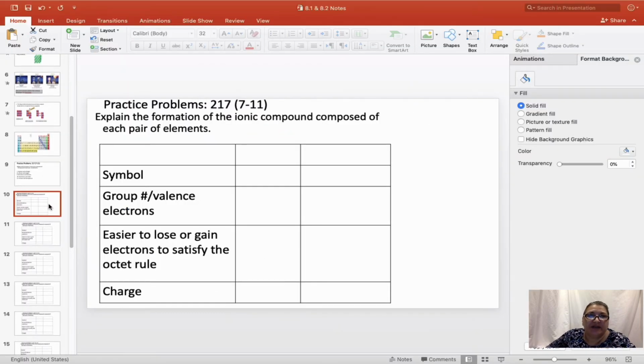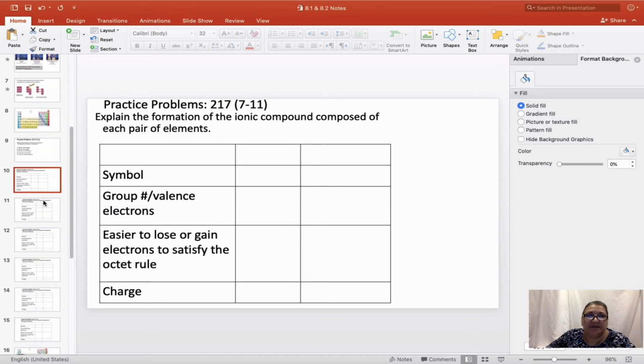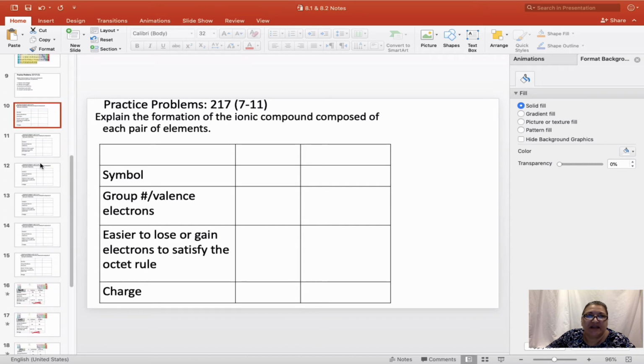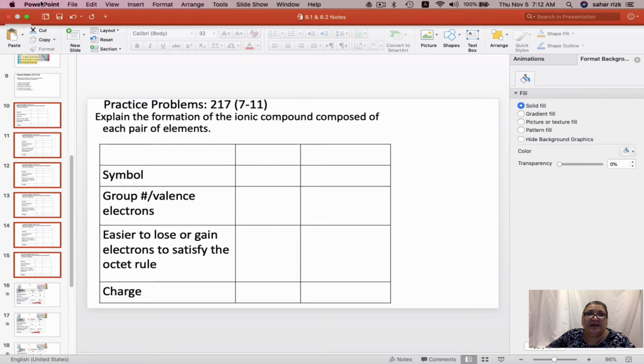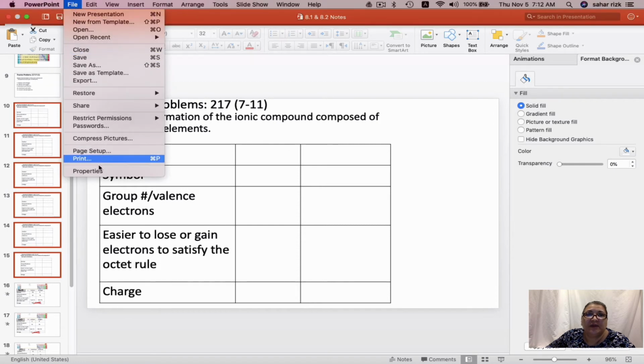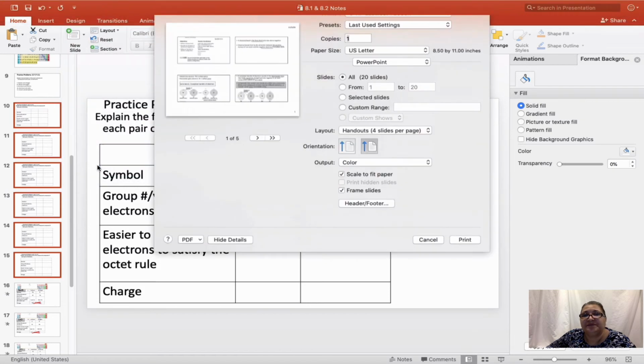Go ahead and print out those blank slides. So click on the first one and then shift and highlight to the last one. Print.